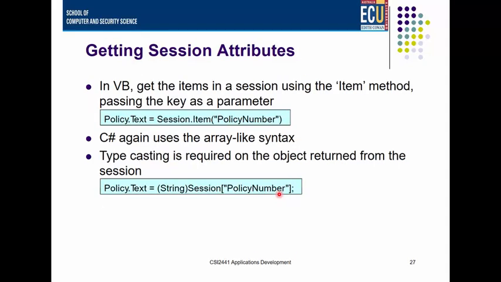And how can we retrieve the values from the session so that we can process the information? This is in VB: Session.Item, and it will be assigned to the text. The other way around, in the case of C#, sessions are basically stored as objects, so you have to cast them.